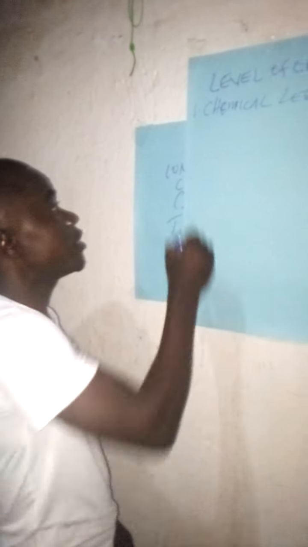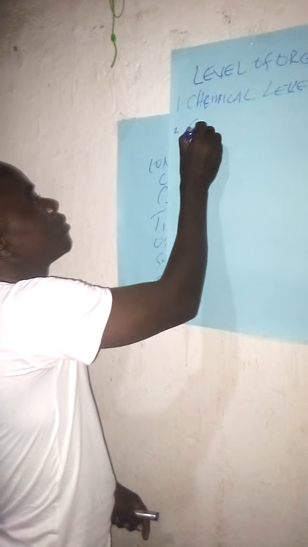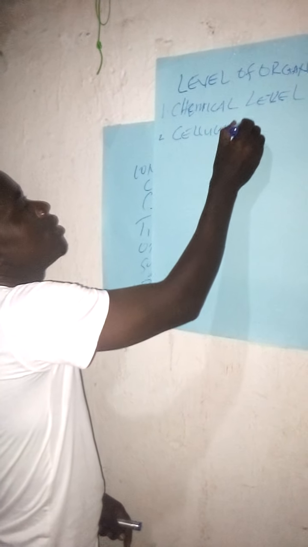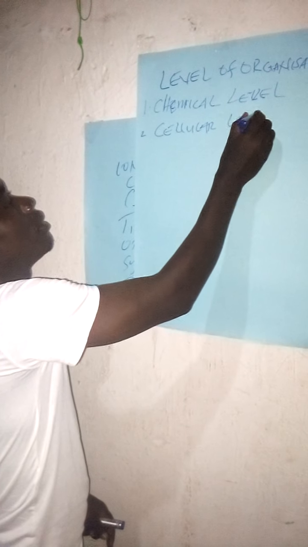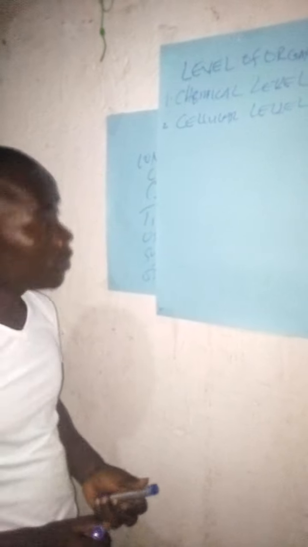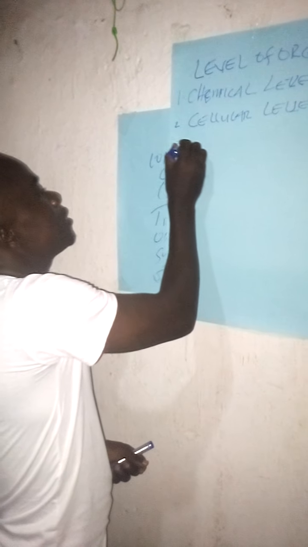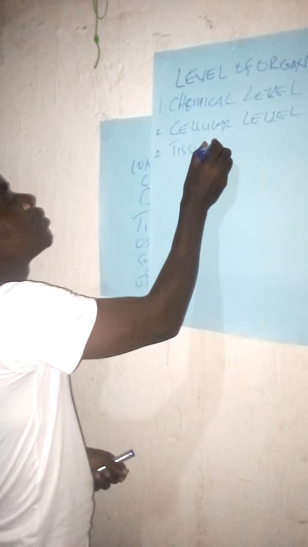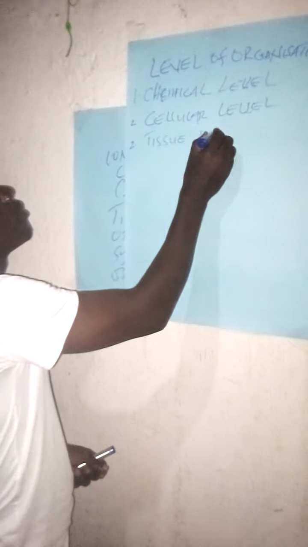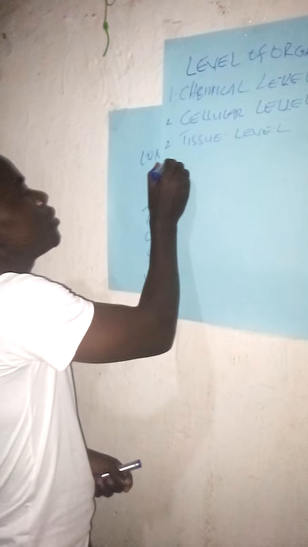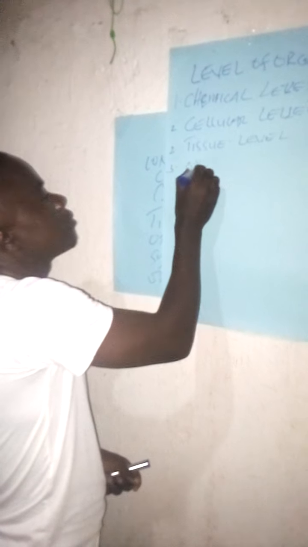Then after the chemical level, we have the cellular level. After the cellular level, we have the tissue level. After the tissue level, we have the organ level.